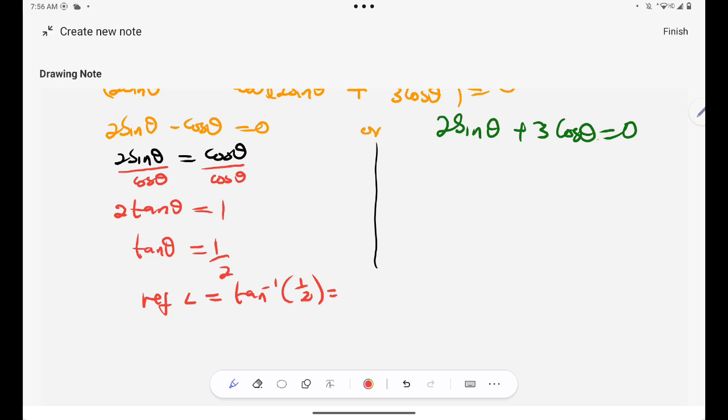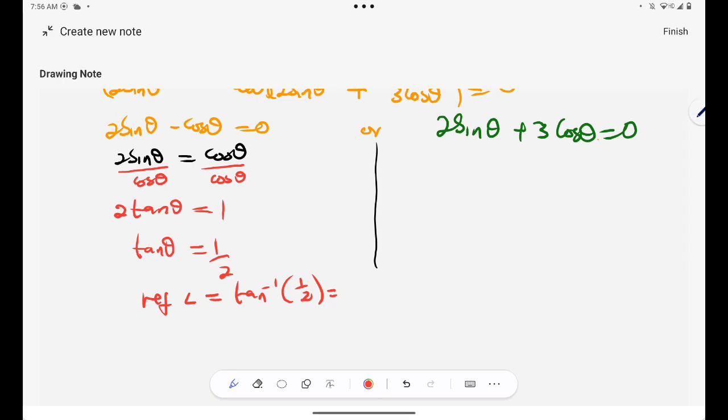Okay, I have inverse of tan 1 over 2. What should I get? 26.57. Okay, this will give me 26.57 degrees, right?